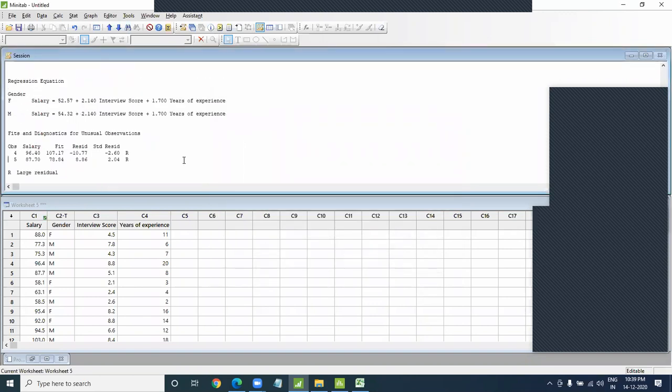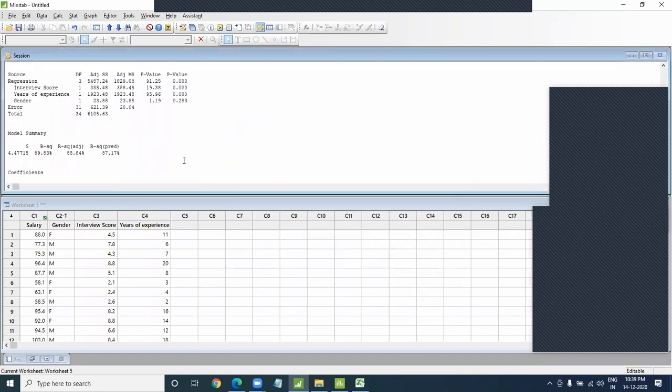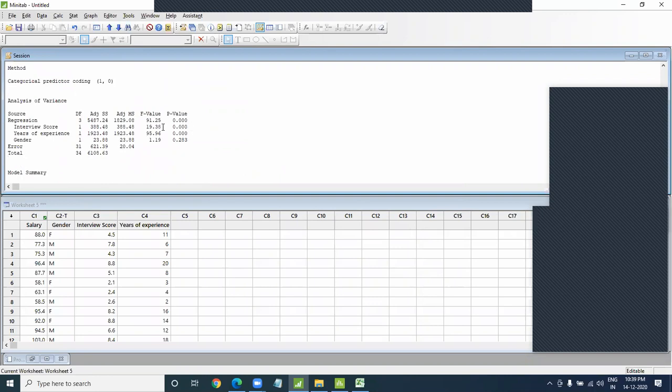Now we will look at p-values. Interview score, alternate. Experience, alternate. Gender, null. No impact. There's no statistical evidence for us to validate it. So that's how we confirm there's no relationship of this particular factor on your Y.